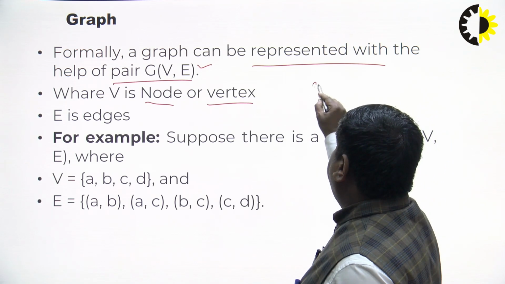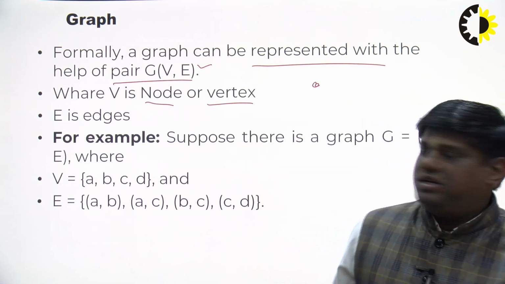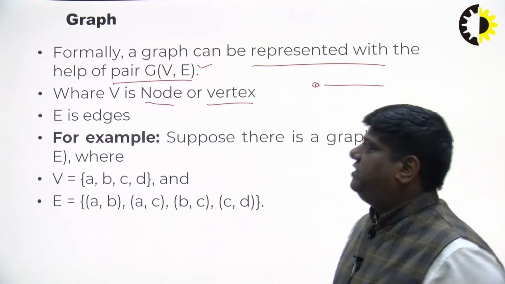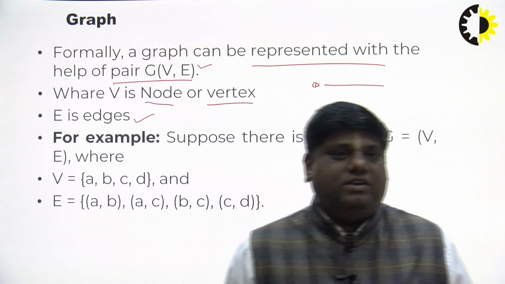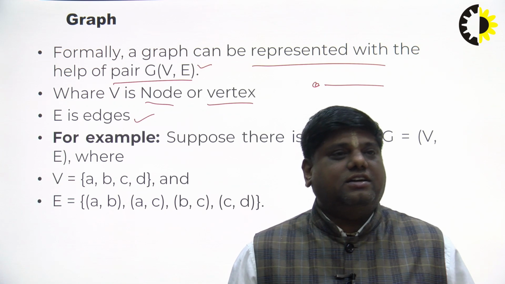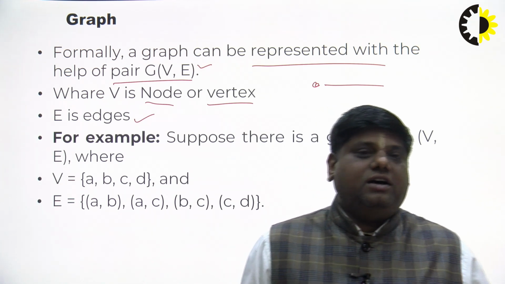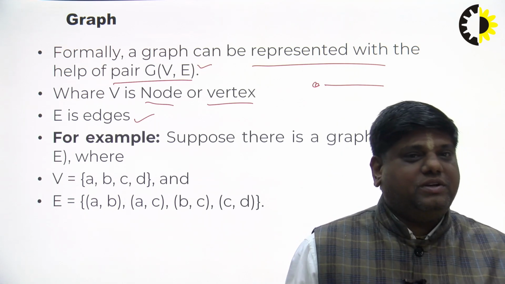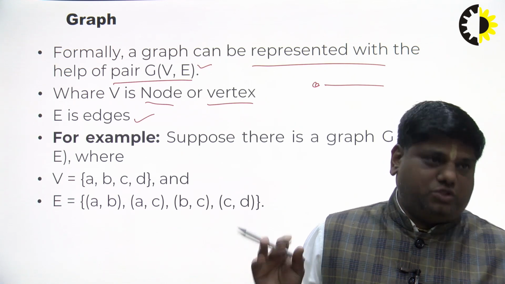For example, this simple point is known as the node and the line is known as the edge of the graph. In other words, a graph is a collection of vertices and edges, or a set of nodes.